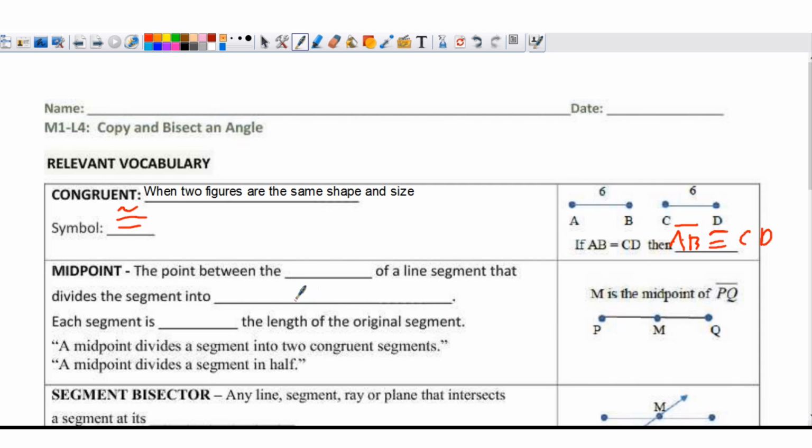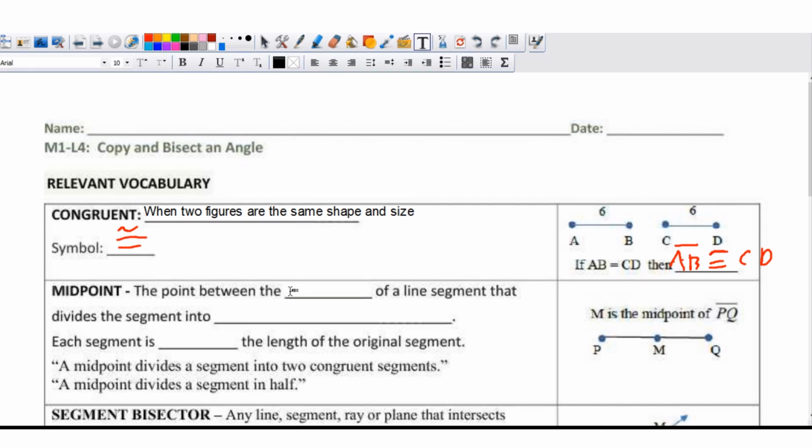Okay, midpoint. The midpoint is the point between the endpoints of a segment that divides the segment into equal parts.